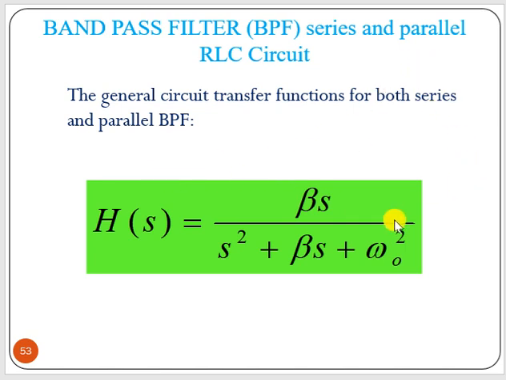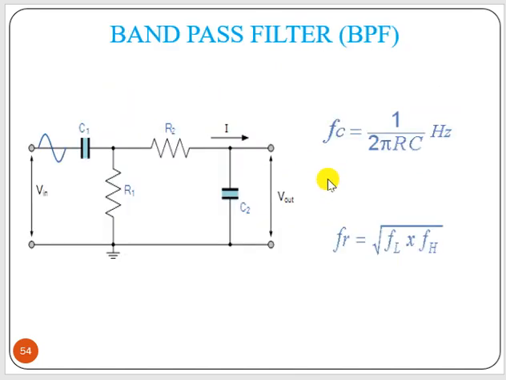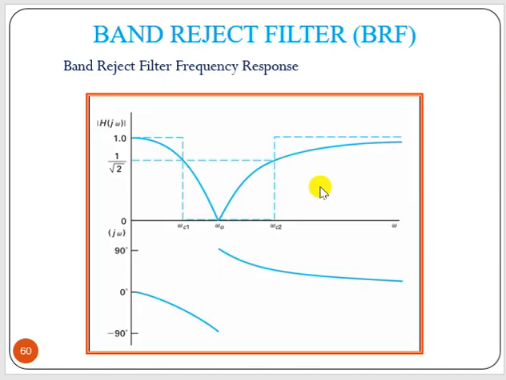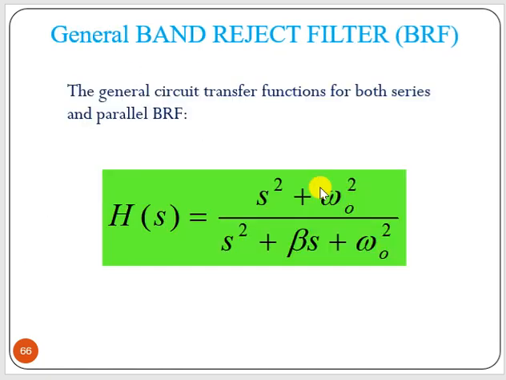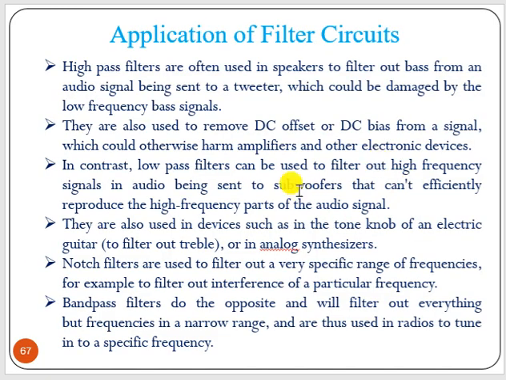And we have this particular expression in the denominator. So here it is a first order numerator for the band pass filter, but for the band stop filter it is second order.